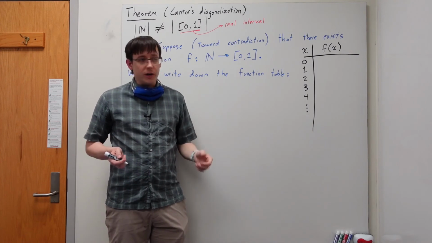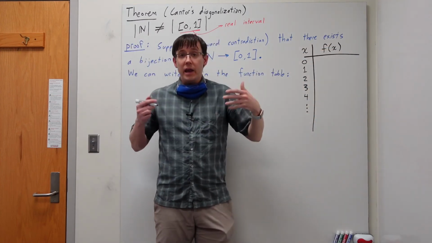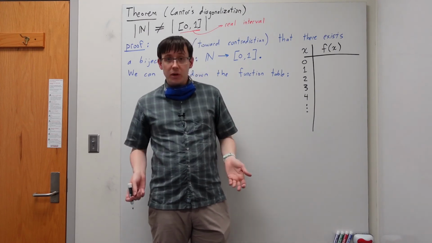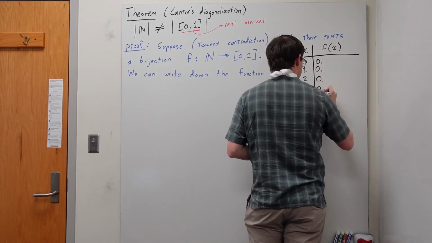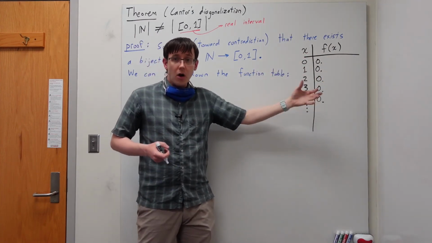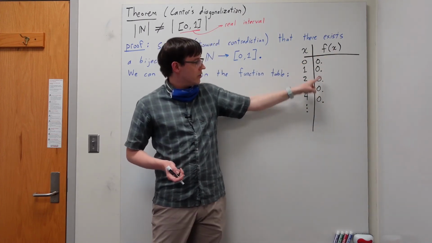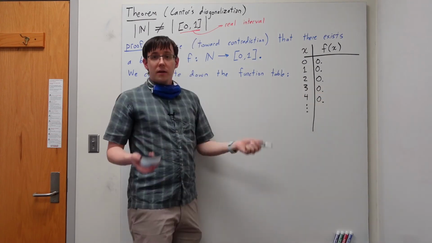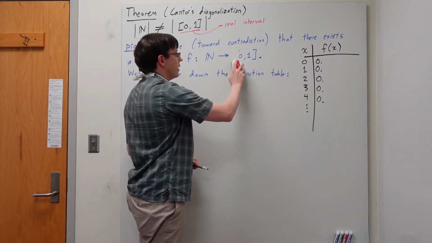Any such function would have to have, in the right-hand column, a bunch of decimal expansions of real numbers. And since we're talking about the interval from 0 to 1, all of these function outputs must start with 0 point something. Let's make our lives slightly easier by making this an open interval.